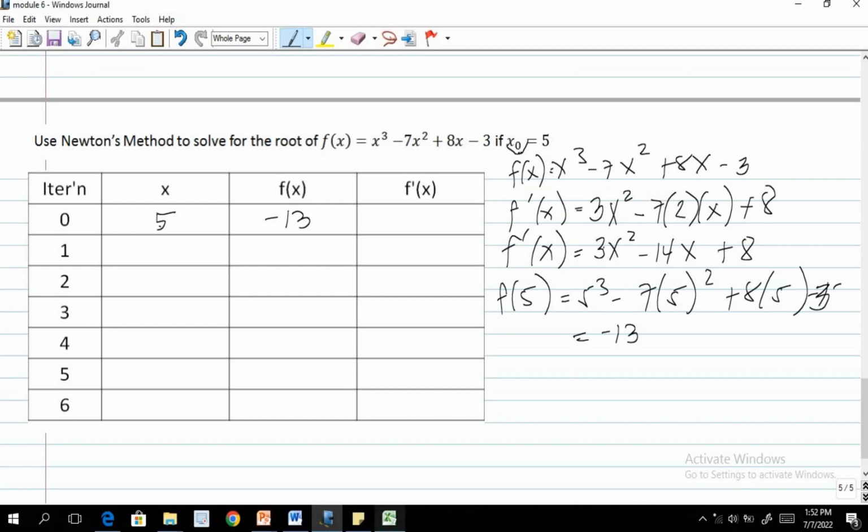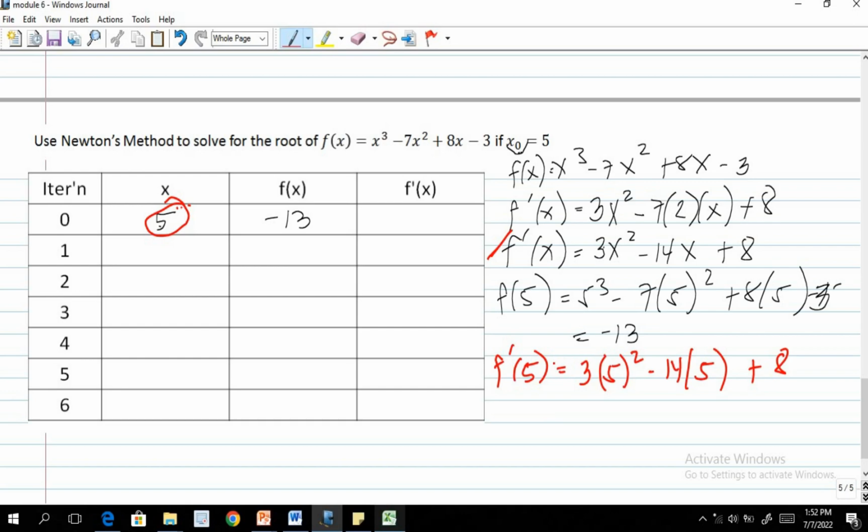This time, I'm going to get f prime of x. How do we get this f prime of x? We substitute this 5 into f prime of x. So f prime of 5 is equal to 3 times 5 squared minus 14 times 5 plus 8.